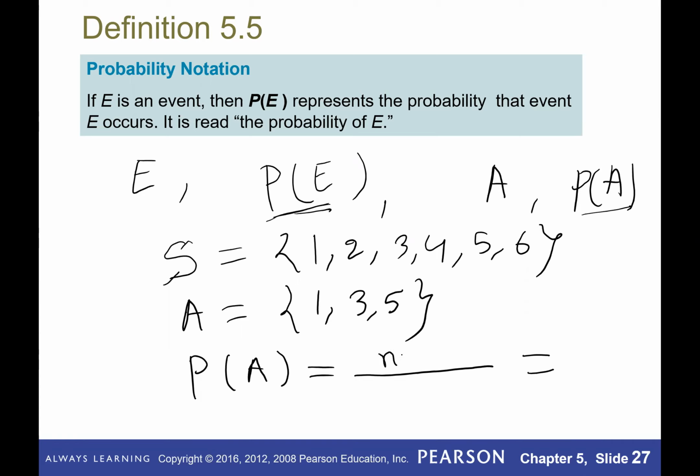You can also use this notation, the number of elements in A. This is called N of A. N of A means number of elements in A, and N of S is the number of elements in S. That means the total number of outcomes in A divided by the number of outcomes in S. So how many outcomes do we have in A? We have 3 outcomes in A. And how many outcomes do we have in S? We have 6 outcomes in S. So the probability is 1/2. Yes, that's correct.